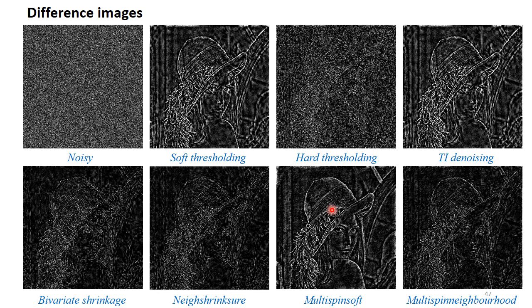Again we have to remember the challenges and issues: preserving the edges, creation of artifacts, and removal of the noise are the three major parameters. What we can observe over here is some shape, that is the edges. We are losing the edges, that is over smoothing is happening, in soft thresholding, translation invariant, and multispin soft.